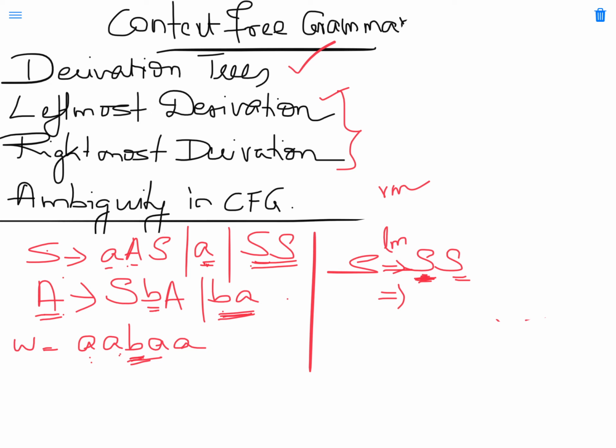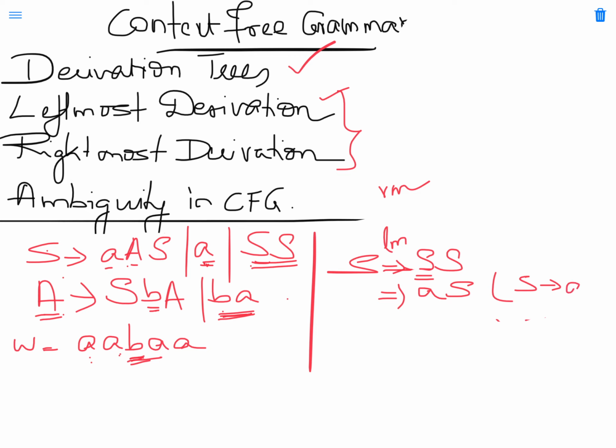For the time being, I am using the leftmost derivation. Here two non-terminals of the same name, S, are there. So take the leftmost S and replace it with the right-hand side of a production. Here I am using the second production, replacing it with AS. Which production have I used?